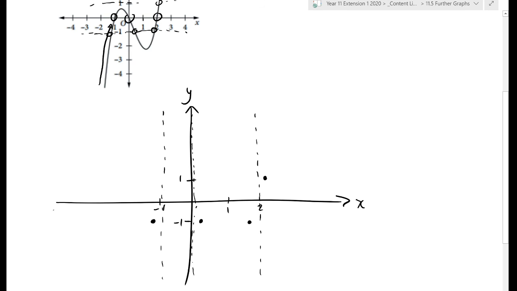Something like that, but remember, it's getting closer and closer, but it's never actually meeting the asymptotes. So it should go through that point there. I'm going to give it one more try to draw this. Something like that.